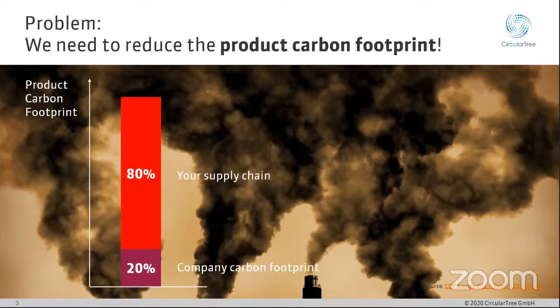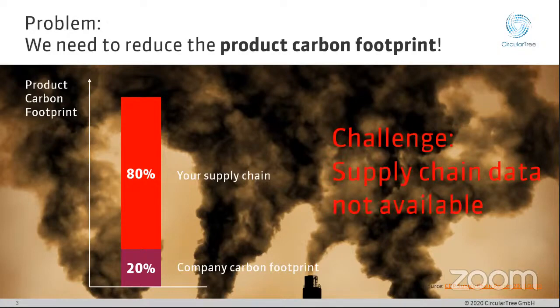Typically, and this is an investigation by the Carbon Disclosure Project, the last company only adds 20% carbon footprint to a product. 80% comes through the supply chain. And there you have the challenge. There is no visibility these days about the carbon footprint of the supply chain. If companies are providing product carbon footprint information, it's done by a life cycle.